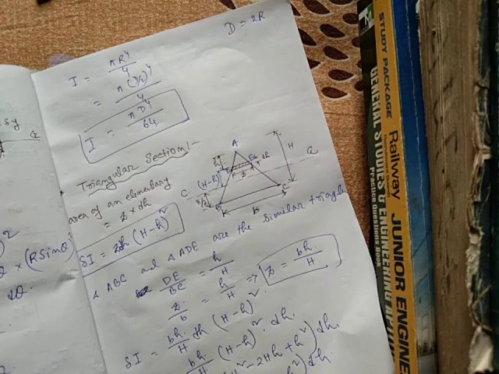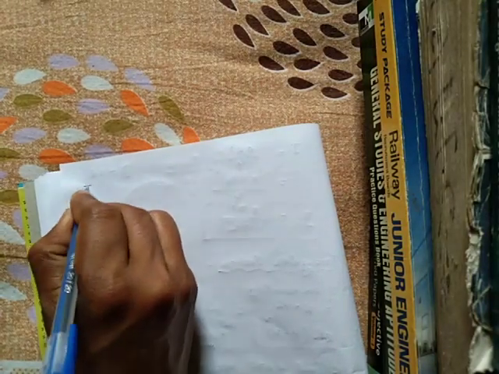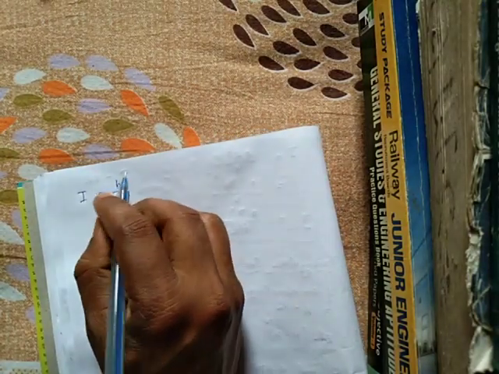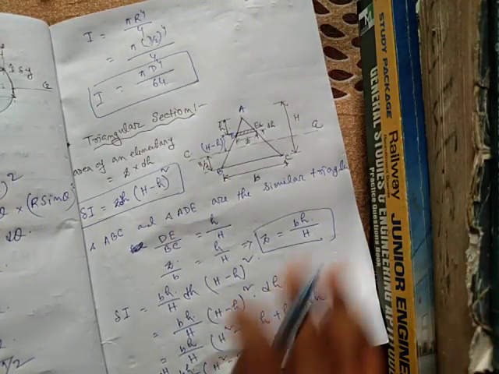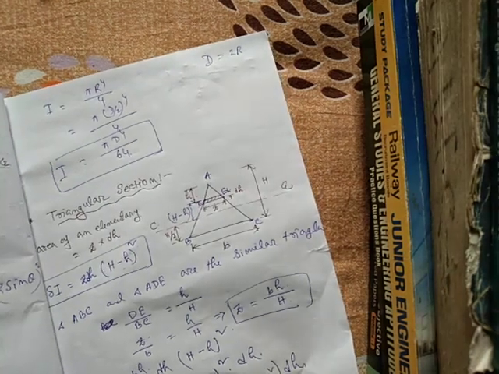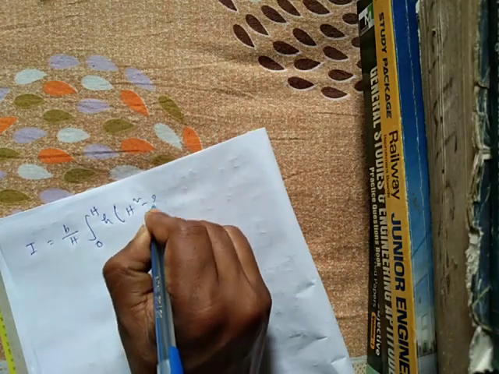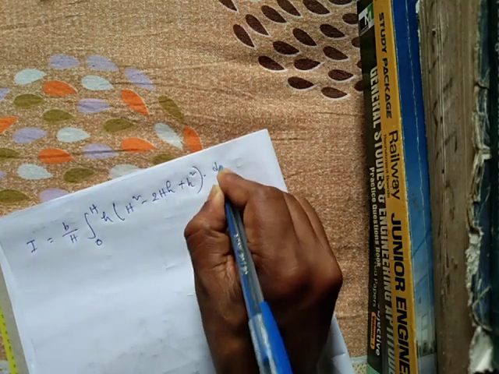So I equals b by H integration 0 to H of h into (H square minus 2H small h plus small h square) into dh.